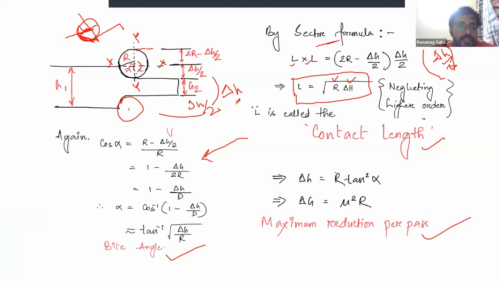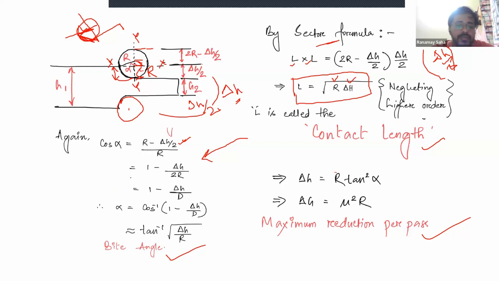So this whole thing is your radius R. You just subtract this smaller part, del h by 2, from R. So this tiny portion is R minus del h by 2 actually. And then you have the hypotenuse R. So that will give you cosine of your angle alpha.